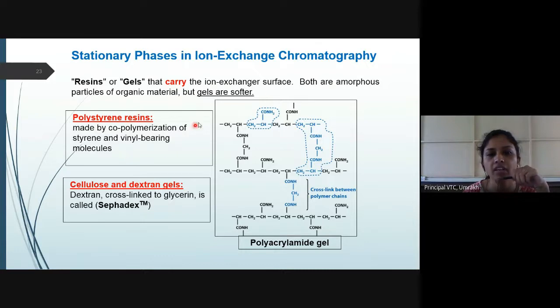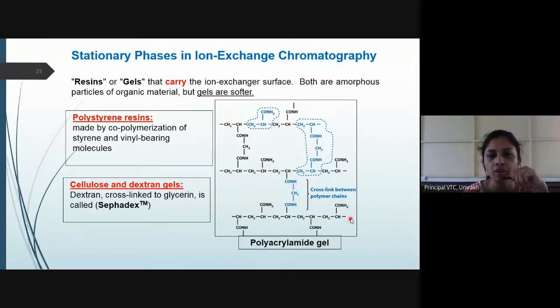Here in this figure, a polyacrylate gel is shown. Cellulose or dextran gels are also used. Dextran cross-linked with glycerine is called Sephadex, which is the most commonly used gel in ion exchange chromatography.